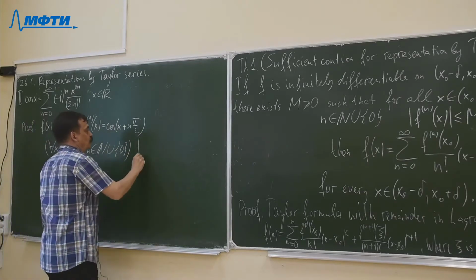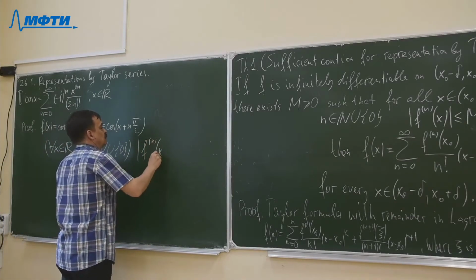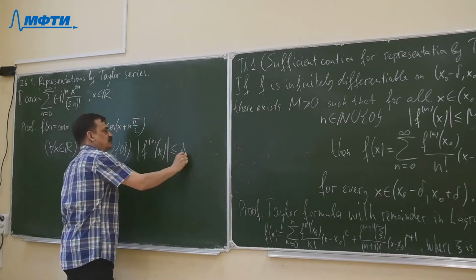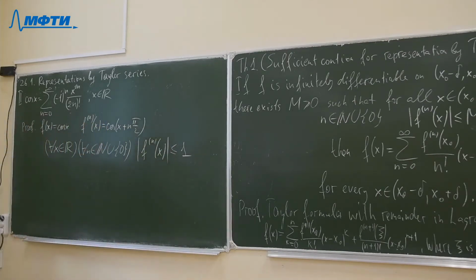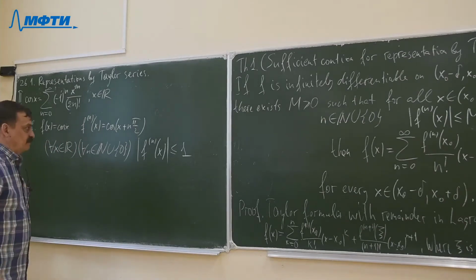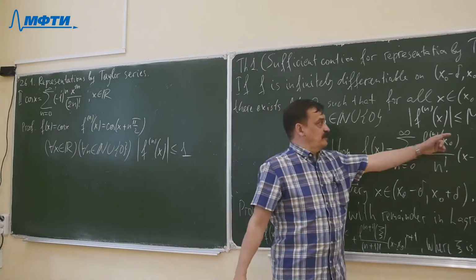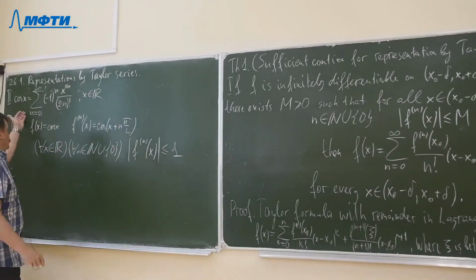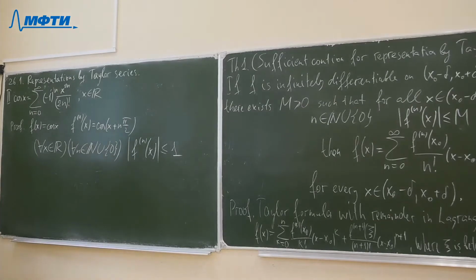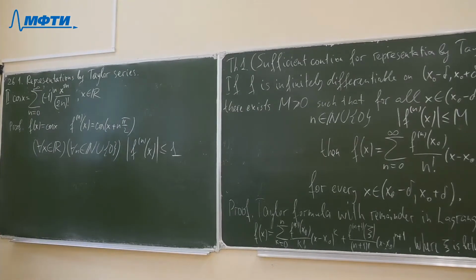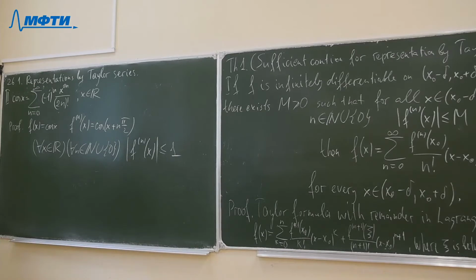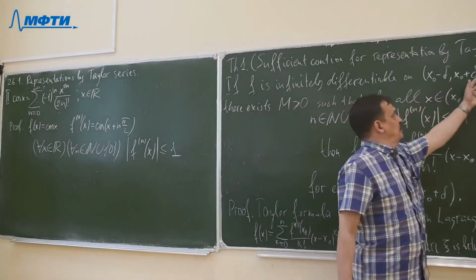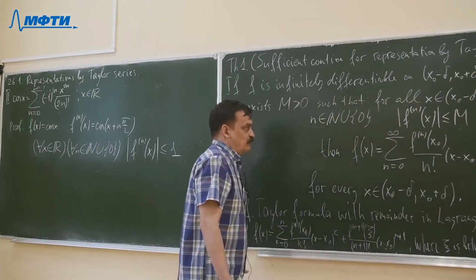We have the following estimate. The arbitrary derivative is less or equal than 1. So the constant M from theorem 1 is equal to 1. Hence, the representation is proved for arbitrary x. So the estimate is valid not only for a certain delta, but for arbitrary delta.